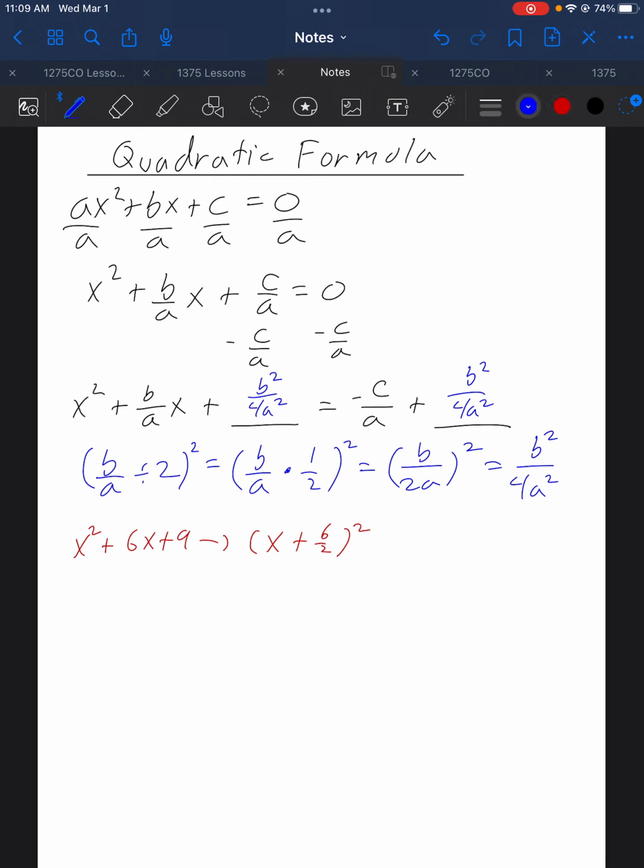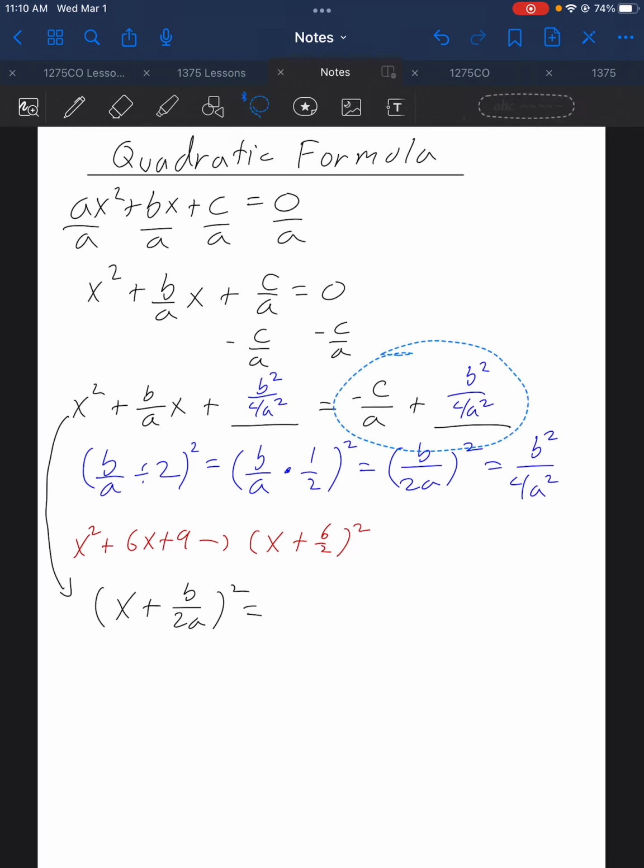So that means this quadratic trinomial, which is a perfect square because we completed the square, factors into x plus b over a divided by 2, which we got over here, b over a times 1/2, which is b over 2a. So b over 2a raised to the second power. And this is equal to the sum of that right there.